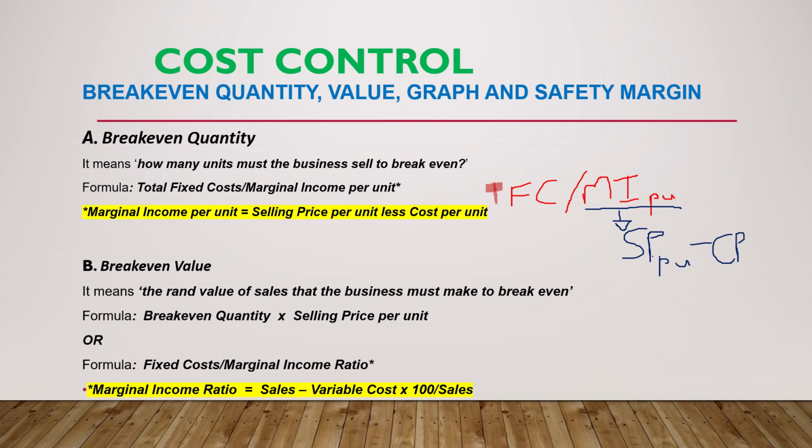Simple as that, guys. Definitely this information they are going to give you so that you can calculate this. So don't forget, your marginal income per unit is calculated by using your selling price per unit minus your cost price per unit. Please don't forget.